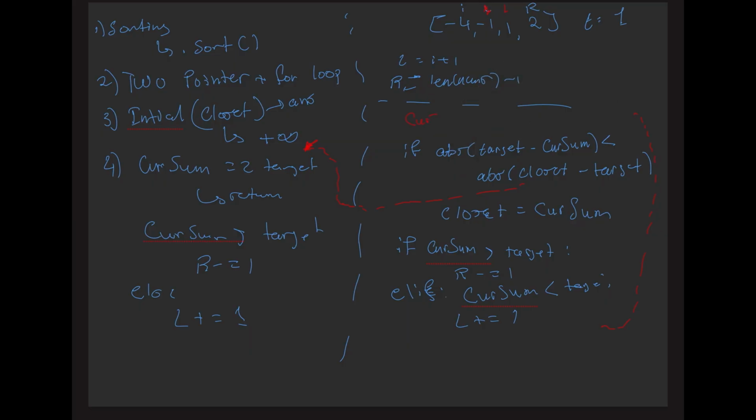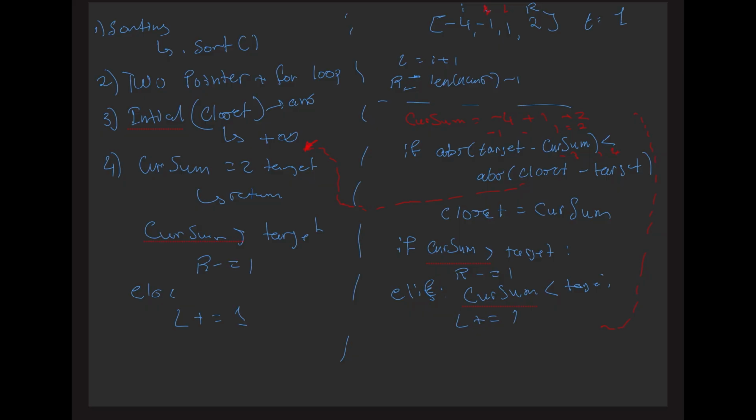So we calculate the current sum again, and it's going to be -4 plus 1 plus 2, so that's 3, that's going to be -1, and we're going to check, hey, what is the absolute distance between -1 and 1, and that's equal to 2, and 2 is less than 3, -3 minus 1, and it's going to be 4.